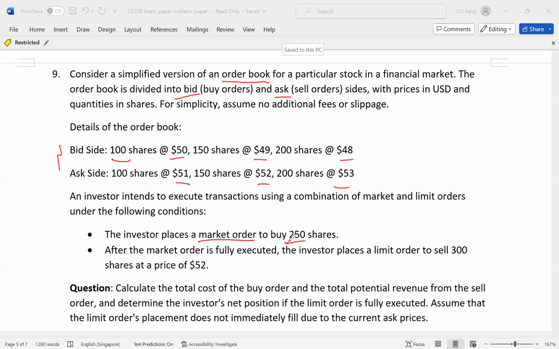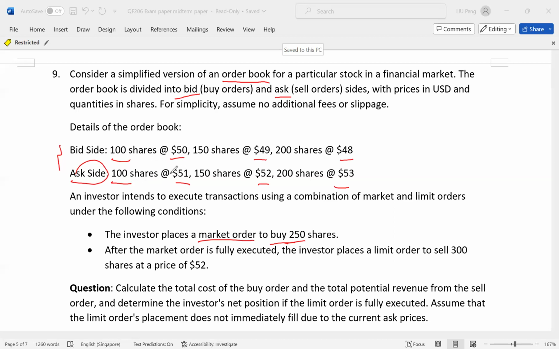This is a buy order, so you need to look at the sell side, the ask side. We need 250, and we need to start with the best ask. The best ask says I have 100, so it's going to get fulfilled.